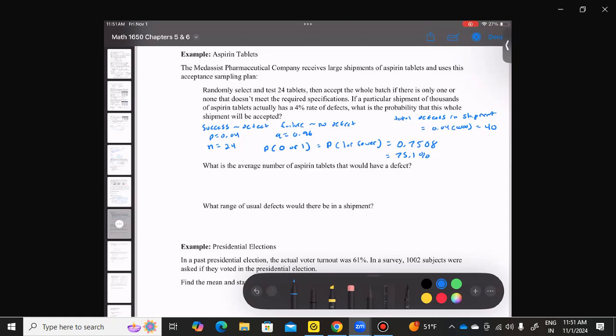So this is the actual mean of our sample, n times p. So 24 times 0.04, which is 0.96. So 24 tablets, there's an average of just less than one that you're going to find that has a defect.